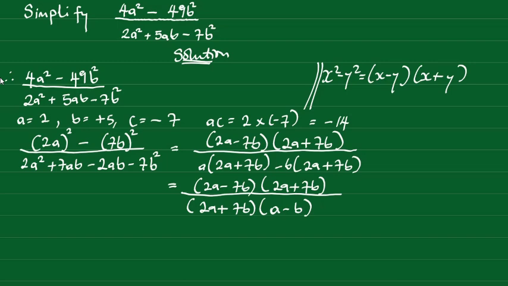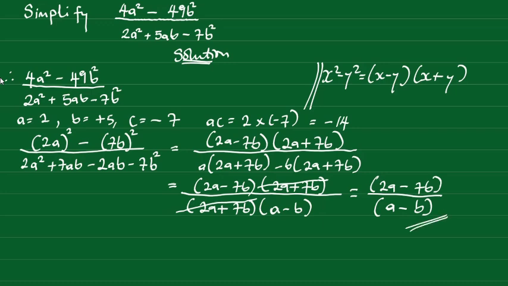Now, 2a plus 7b at our numerator cancels out 2a plus 7b at our denominator. We're left with (2a minus 7b) divided by (a minus b) as our final answer. Thank you.